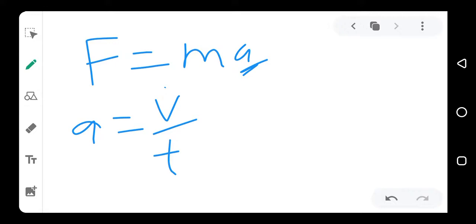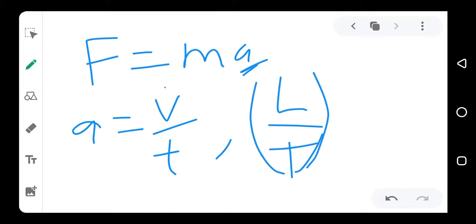Velocity itself is a derived quantity, so we find the dimension of velocity. The dimension of velocity is length over time. That is distance, and distance is part of length. The symbol for length is capital L, over time. So this alone represents the velocity.